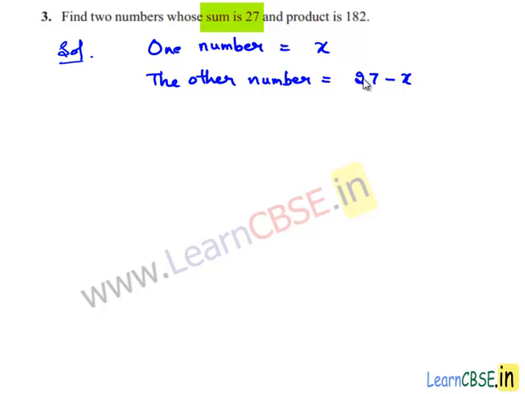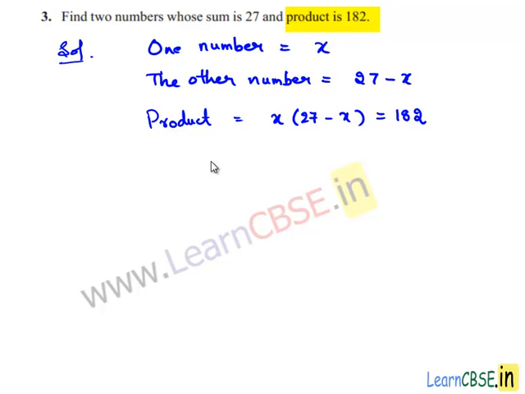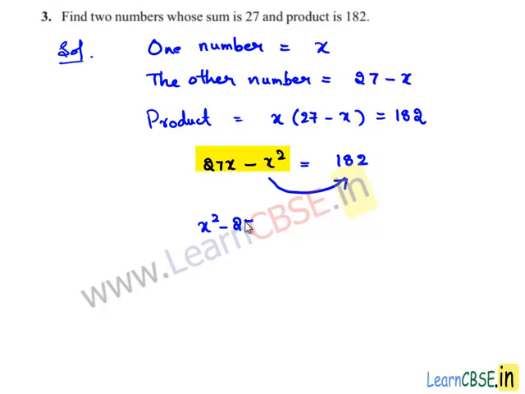So the other number would become 27 minus x. The product of the two numbers, which is x times 27 minus x, is given as 182. On multiplication we get 27x minus x square is equal to 182. Transposing the terms from the left hand side to the right hand side, we get x square minus 27x plus 182 is equal to 0.